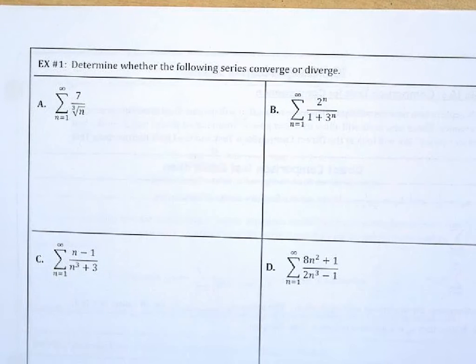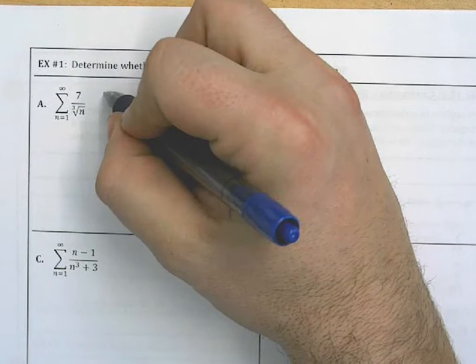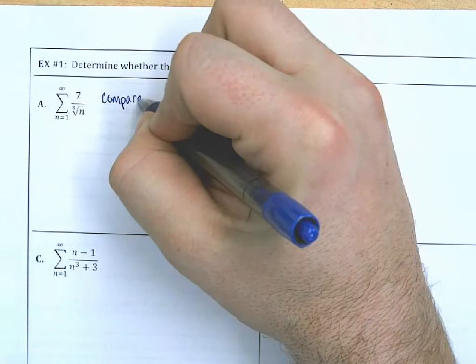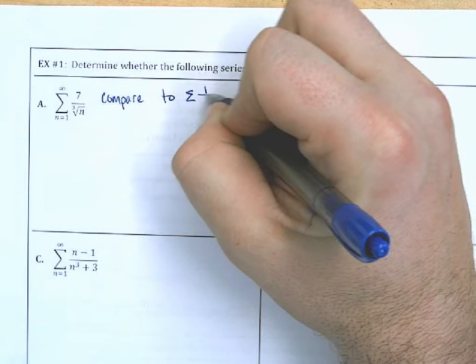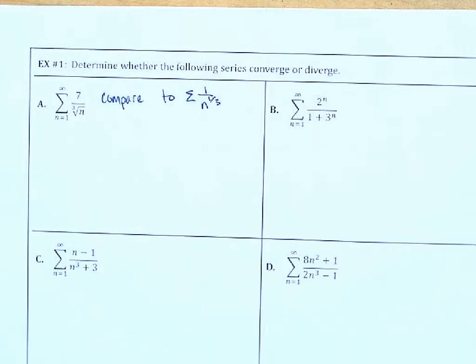So when we're looking at 7 over the cubed root of n, what is a series that we could compare it to? What does it look very similar to? We could compare it to 1 over n to the 1/3, because the thing that's throwing me off is that 7.